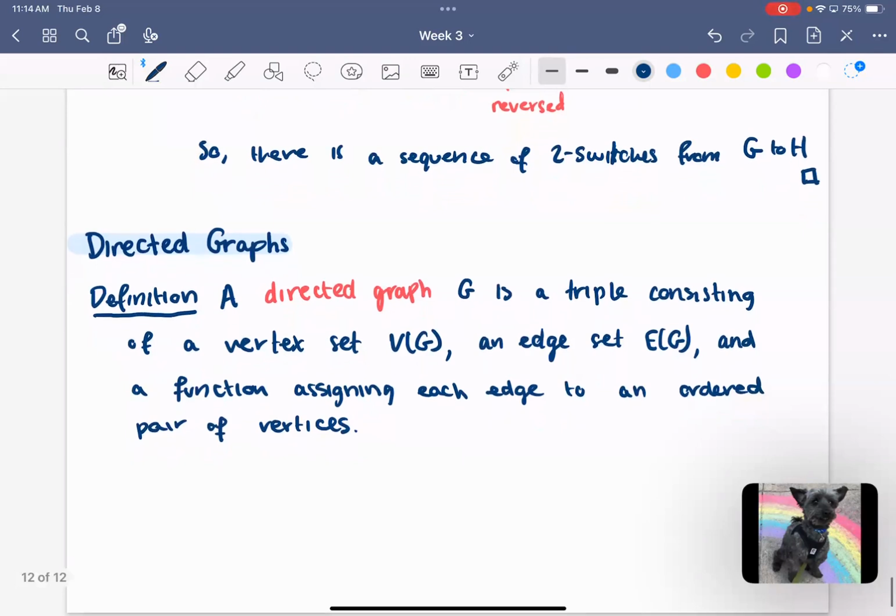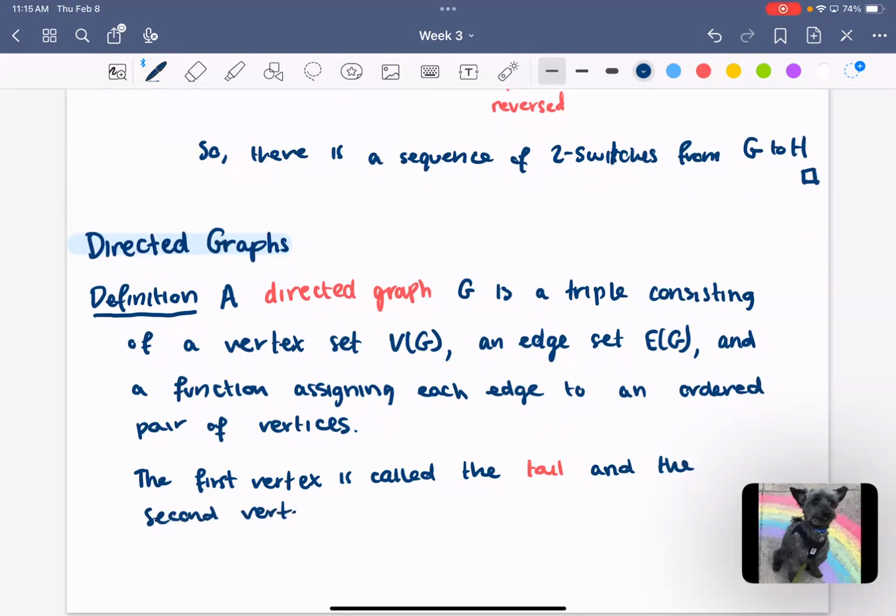And we call the first vertex the tail, and the second vertex is called the head.